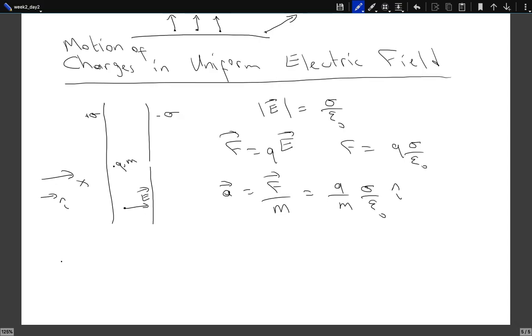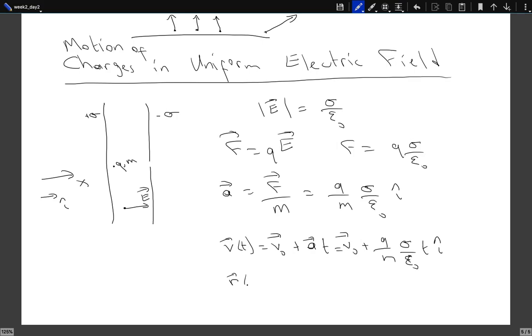So it's doing a motion with constant acceleration, and then you can just pick up all the results that you have learned last semester. So its velocity as a function of time will be its initial velocity plus acceleration times t, which is its initial velocity plus q over m sigma over epsilon 0 times t in the horizontal direction.